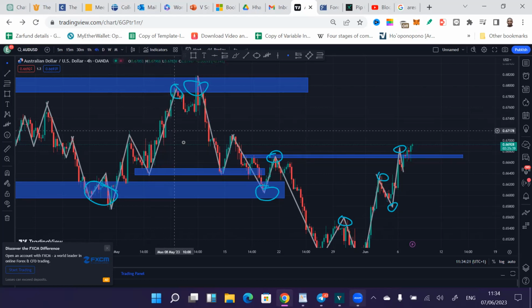Every candlestick here, green or red, is formed within a particular time frame, and we are on 4 hour. Every candle you're seeing was formed in the space of 4 hours. So the time frame we are seeing here is very large.